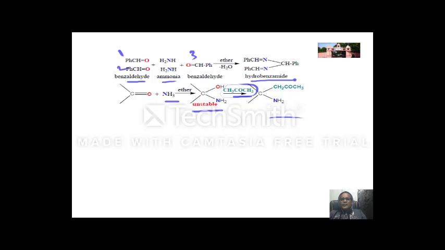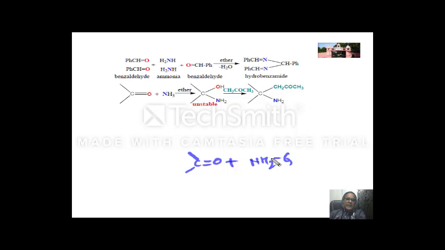So what we have come to know in this particular chapter is that a carbonyl group can undergo 2 types of reaction: one in which there is elimination of water, and another in which water is not eliminated, and one particular group stays attached to the system.